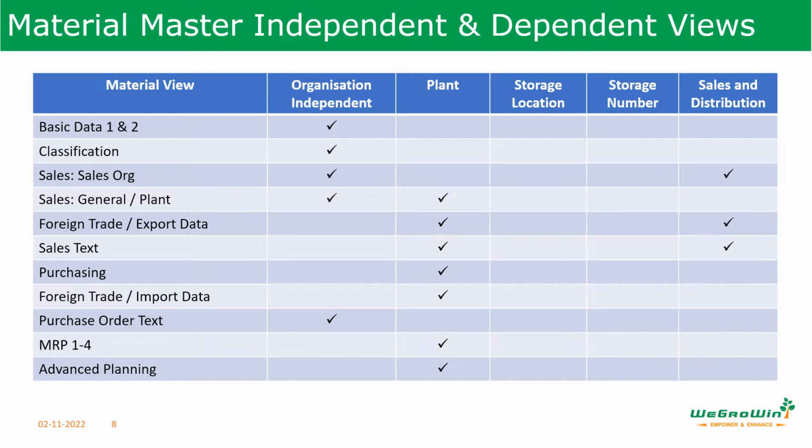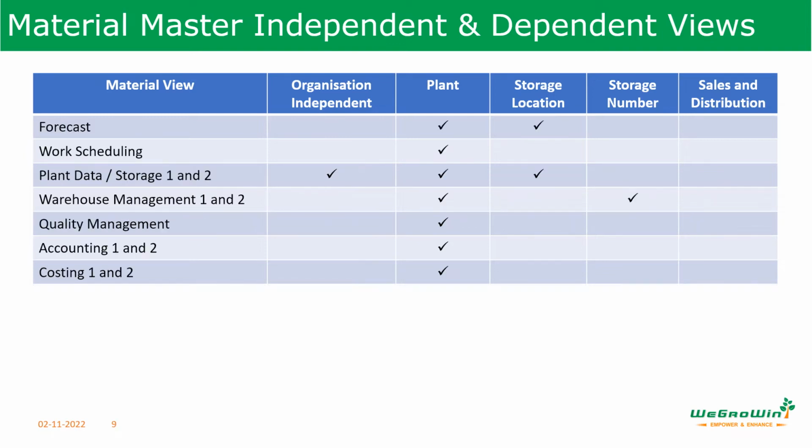Sales organization will have organization independent and related to sales and distribution details they have to maintain. And similarly, if you take purchasing, then plant related data has to be maintained. This is the continuation of the previous table where, for example, for forecast, you have to maintain the data related to plant and storage location. For scheduling, the data has to be maintained at the plant level. And then, for example, quality management has to be maintained at plant level like that.